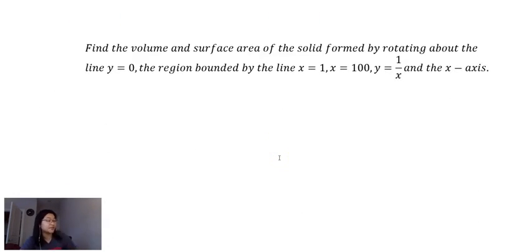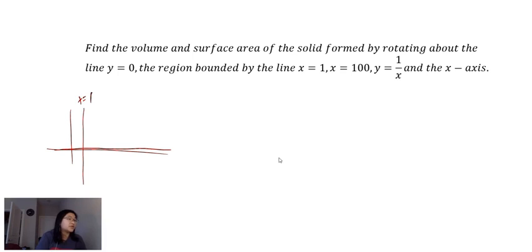And last but not least, find the volume and the surface area of a solid formed by rotating a region about the line y equals 0. The region is bounded by the line x equals 1, x equals 100, y equals 1 over x, and the x-axis.